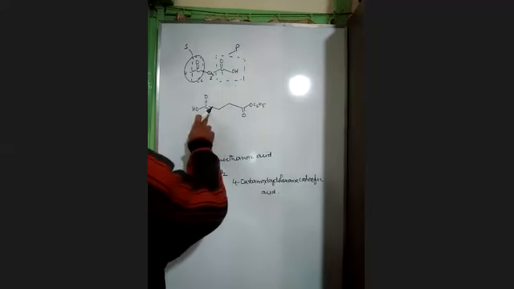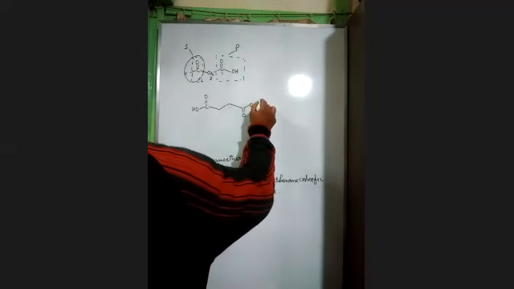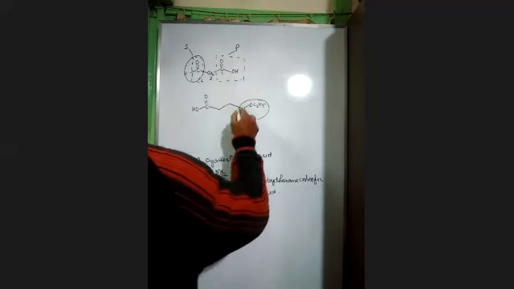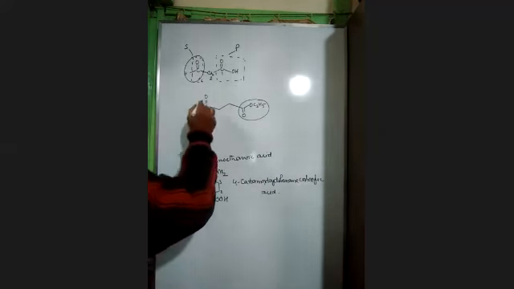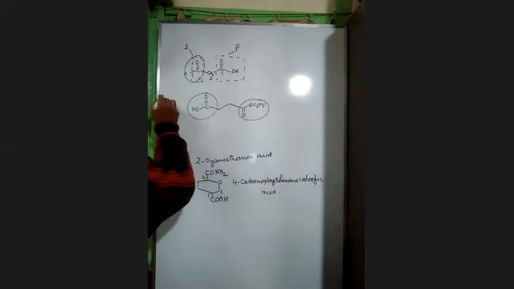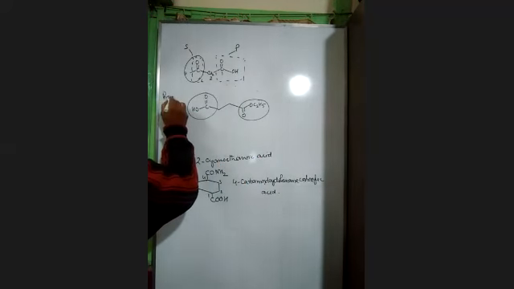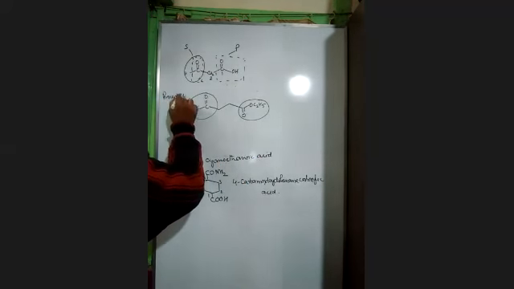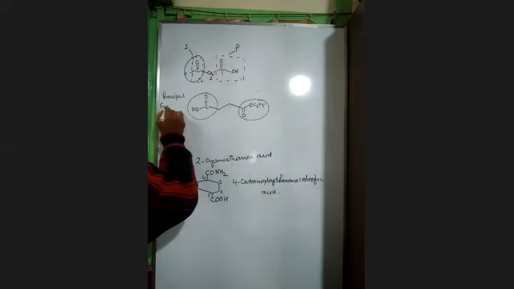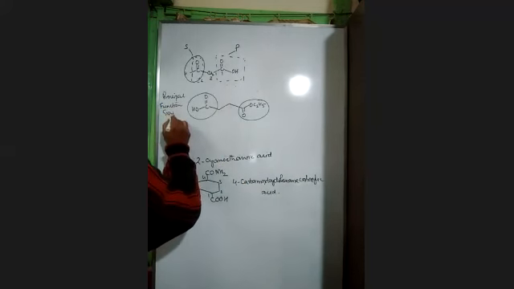So this is, I'm going to name it. We know this is having higher priority than this. So in this case, we'll consider this as a substitution. This is the principal functional group.